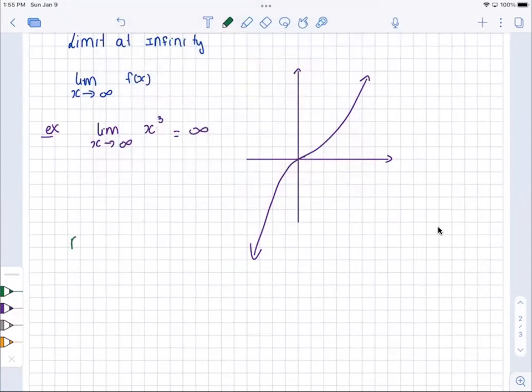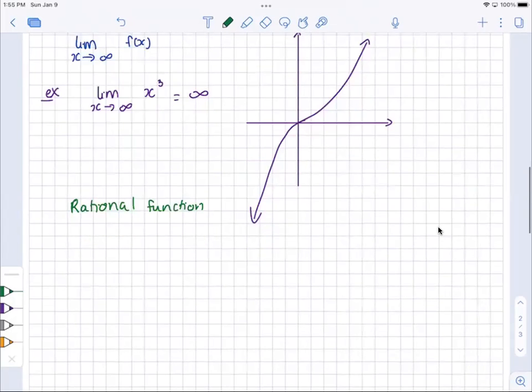A rational function. Let's look at an example here. Let's say the limit as x approaches infinity of x squared plus 3x minus 2 divided by x to the third plus 3x squared.